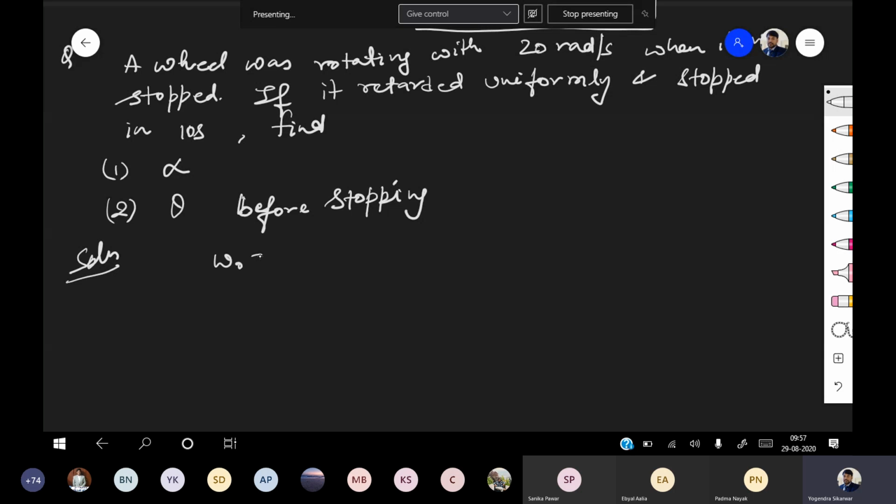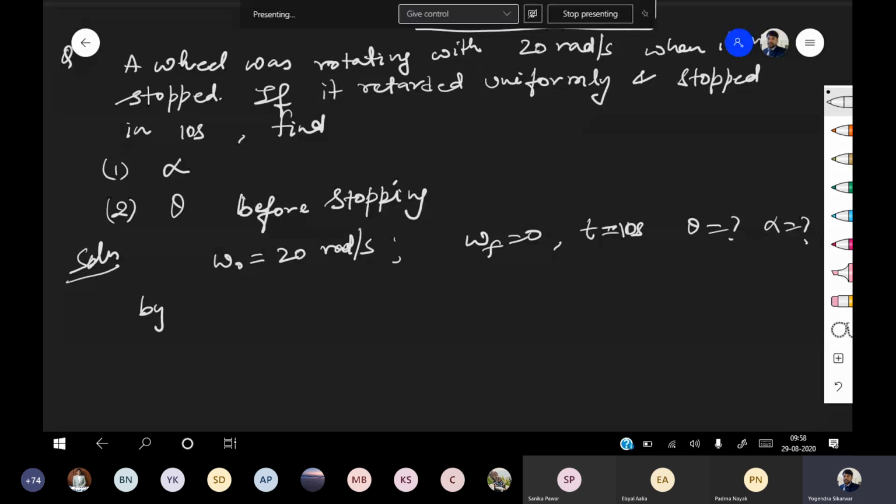So omega naught is equal to 20 radians per second, and omega final is equal to 0. T is equal to 10 seconds. Theta is equal to question mark. Alpha is equal to question mark.